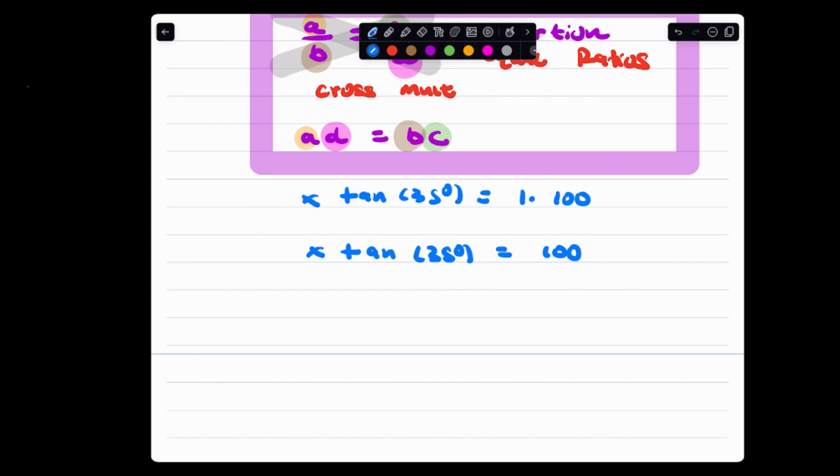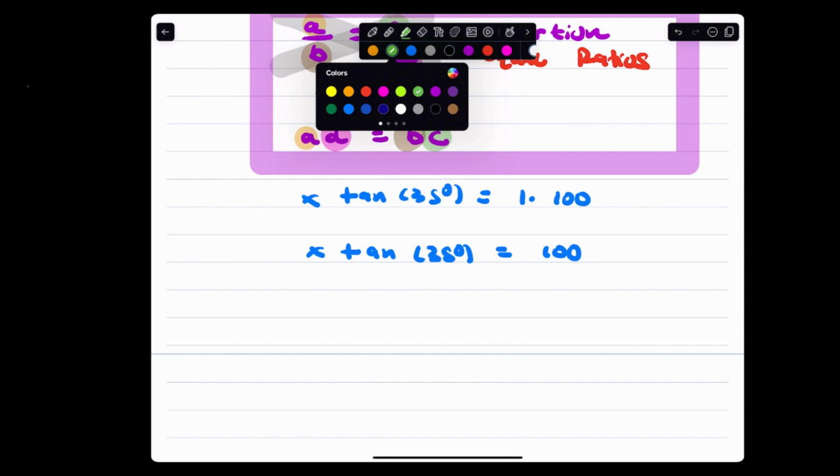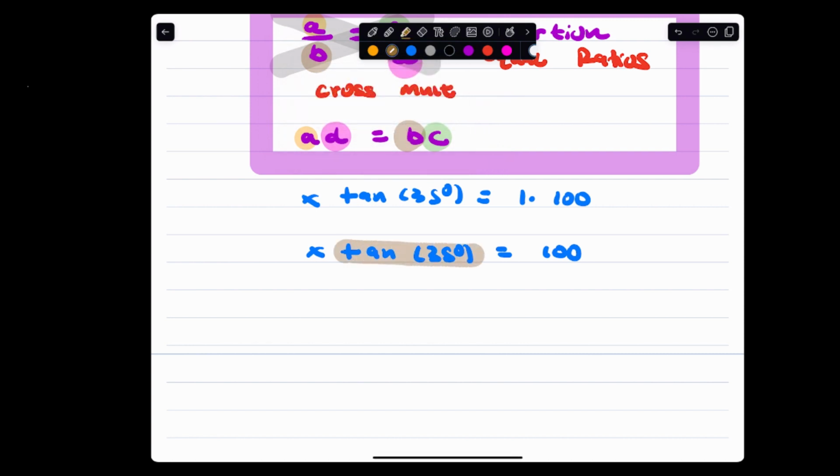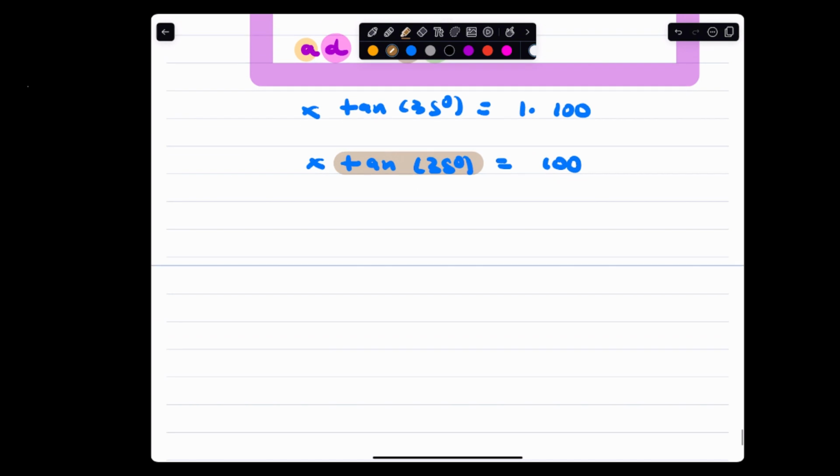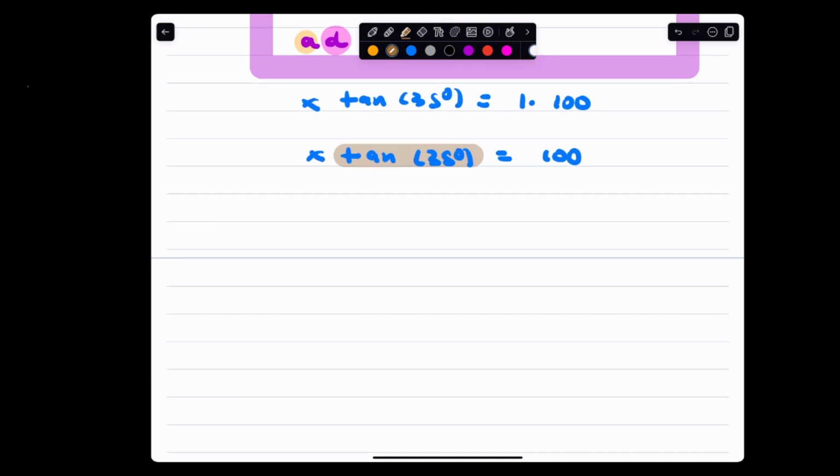Alrighty. Okay. Now, I want to point out another small detail to you guys here, just so you guys know. That what you see here now, tangent 35 degrees, do you guys know what that is? That's a number, isn't it? You guys know what I'm saying? That's a number. We're going to find out what it is. We're going to use our calculator. But that is a number. And so if you're solving for x, how do you undo multiplication to x with a number?